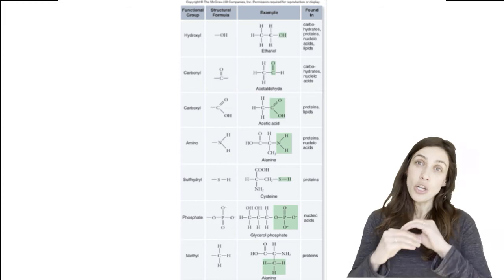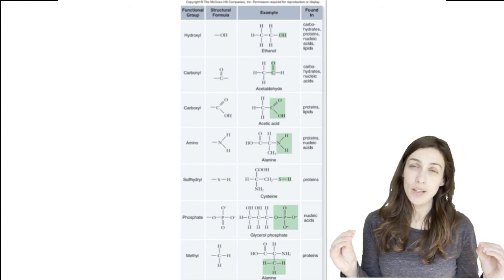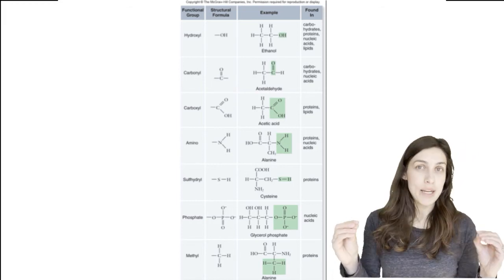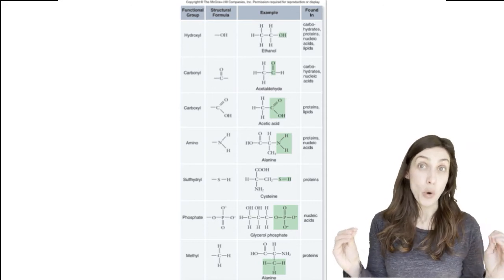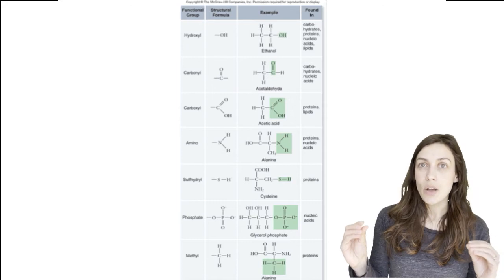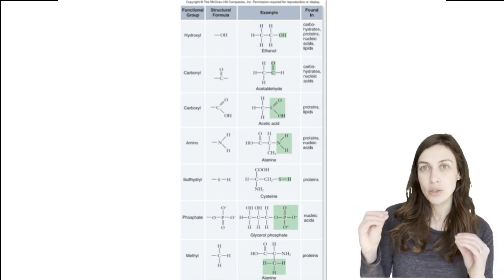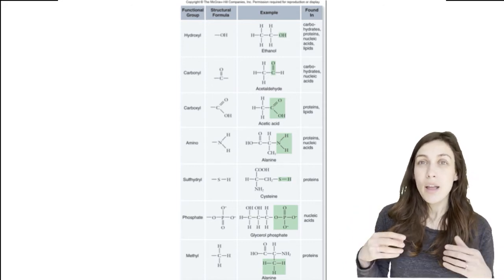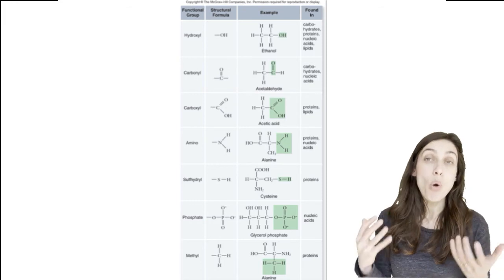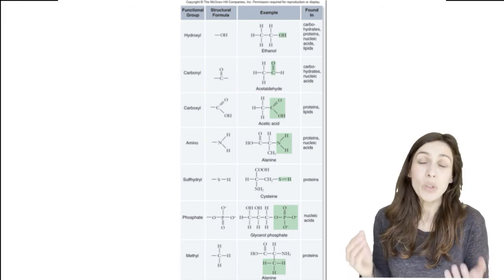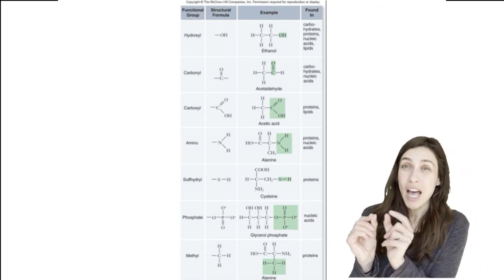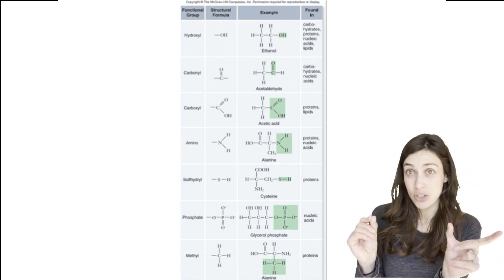Okay, so no oxygen on a hydrocarbon, the hydrocarbon is not able to dissolve in water. It's completely hydrophobic. Adding one oxygen to a hydrocarbon will make it less hydrophobic and more likely to dissolve in water. How likely will depend on the length of the hydrocarbon that doesn't have oxygens.